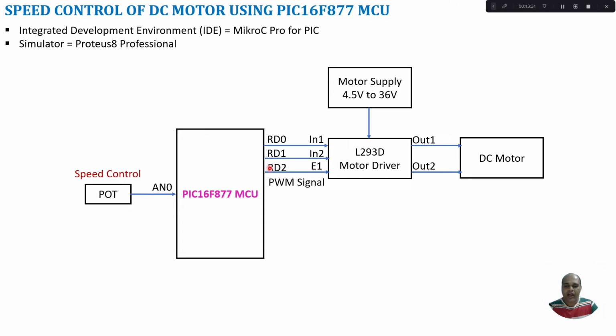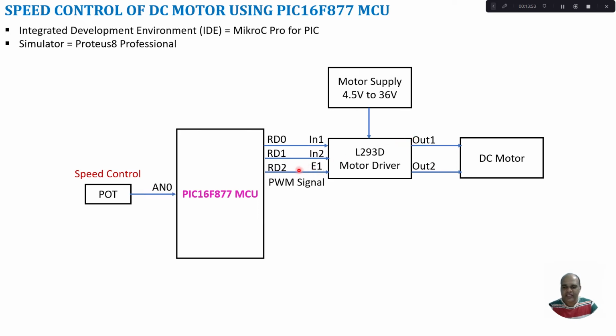In RD2, I am going to generate the PWM signal, so the enable line is PWM based. Whenever the on time is there, at that time the logic in IN1 and IN2 will be used for the rotation of your motor.